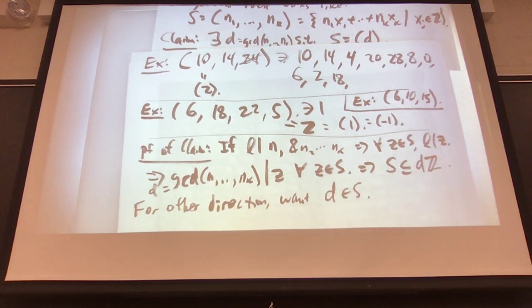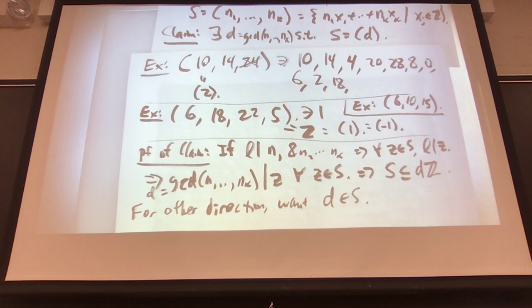Can you pick an element in S and run the division algorithm with D? Then, once you have the remainder, show the remainder is in S. I'm just trying to say that D is the smallest.